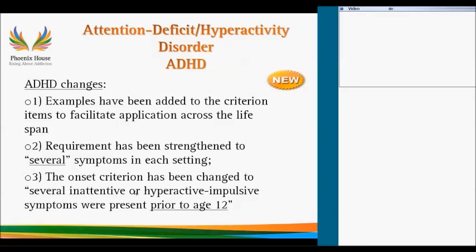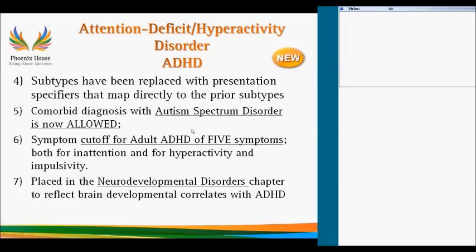And the onset criteria, I think this is the biggest change, is that now we can diagnose this very easily in the same exact way that we used to before, prior to age 12. So they increased this by quite a bit. It was usually diagnosed prior to the age of 7. So they gave it pretty much up to children in the 6th grade.